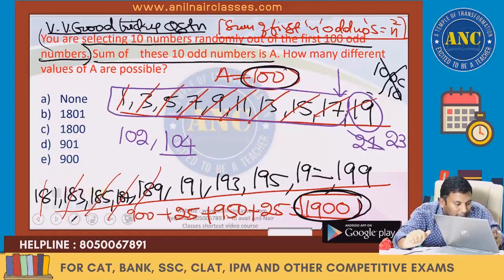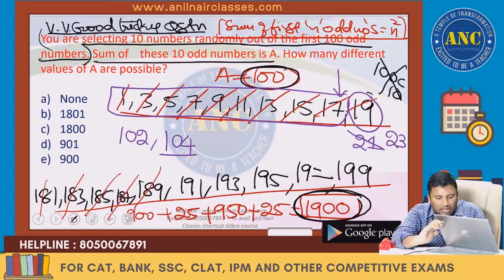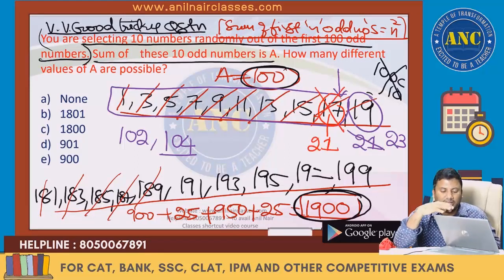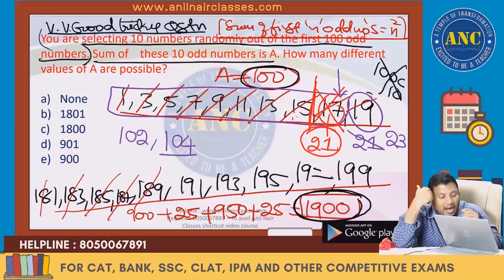If 17 is replaced by 21, till here it is 64, 64 plus 19 is 83, and 83 plus 21 is 104.